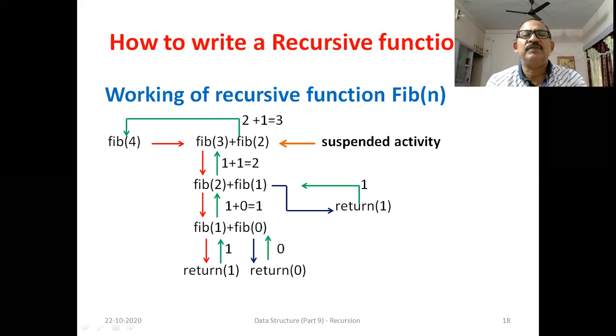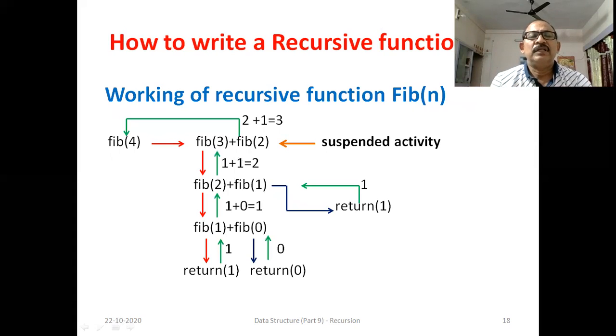Therefore, this problem is divided into two parts, fib(3) plus fib(2). Now here you can observe that the problem is divided into two sub-problems, fib(3) and fib(2). Okay. Now plus fib(2), these are the suspended activity, and the system calls the function fib(3).